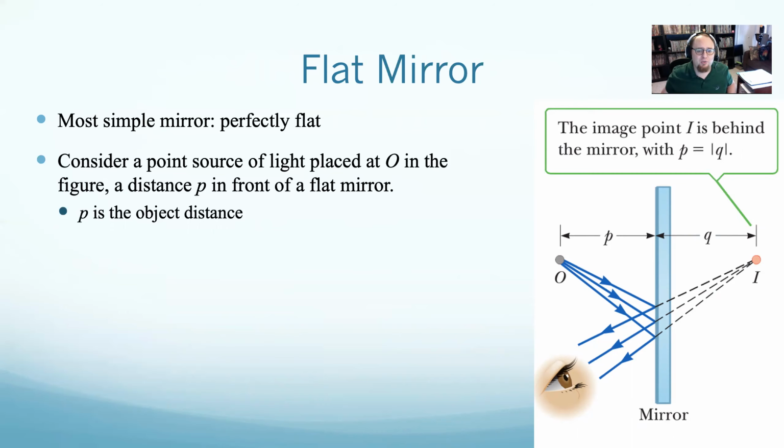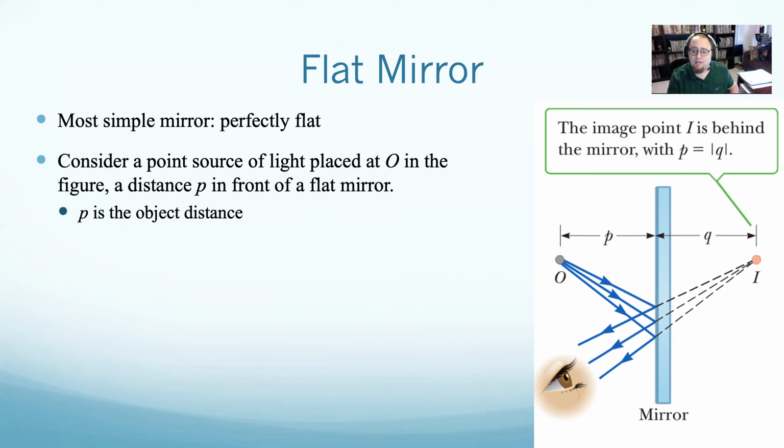And what we can do is, when you look at something in a mirror, and we're going to say an object at point O, we would talk about the distance from the object to the mirror. The distance from the object to the mirror, which would be the same for a lens, the distance from the object to a lens when we get there, will be referred to as P. Well, P is the object distance.